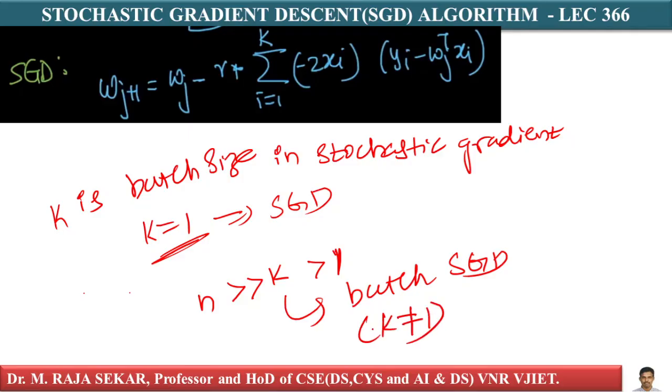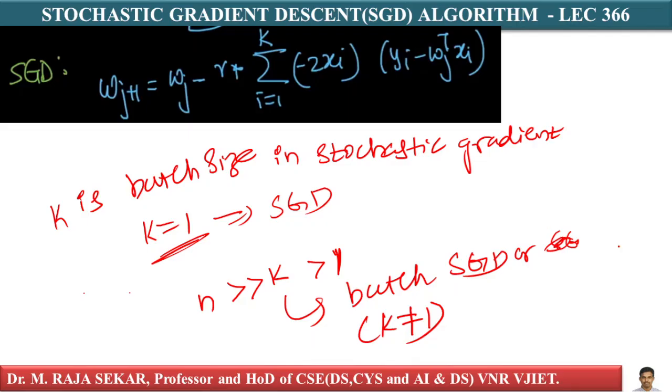Depending on the terminology, some people would call this also SGD. K may be 1, or k may be in between 1 and n, isn't it?